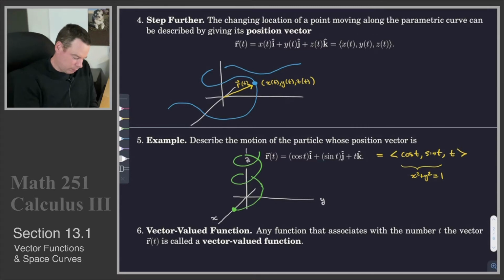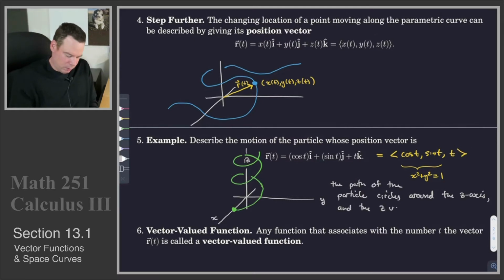And this is because the path of the particle circles around the z-axis, and the z value increases as t increases, because z is just equal to t. And so this curve actually has a special name. This is called a helix.